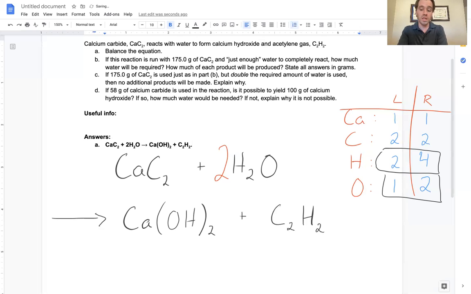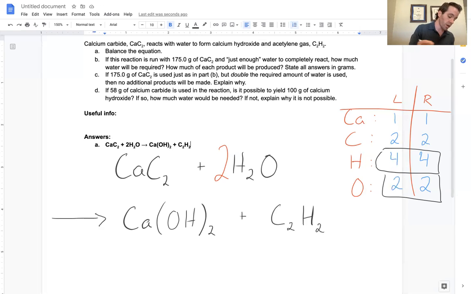Notice how the only thing that needed any numbers to fix this is the water, to fix the hydrogen and the oxygen. With this inserted now, we have fixed the problem because now there are 4 hydrogens on the left and 2 oxygens.